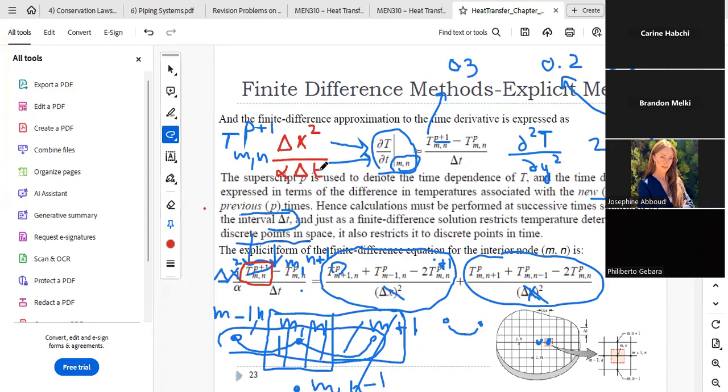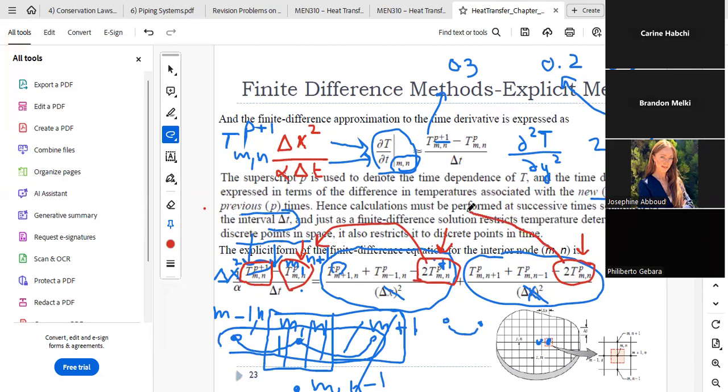Now, if I consider the term T p m n, this term appears several times in this equation. I have T p m n here. I have it also here. And I have 2 T p m n here. Okay. So if I take all my temperatures to one side, I can take these terms to the other side here.